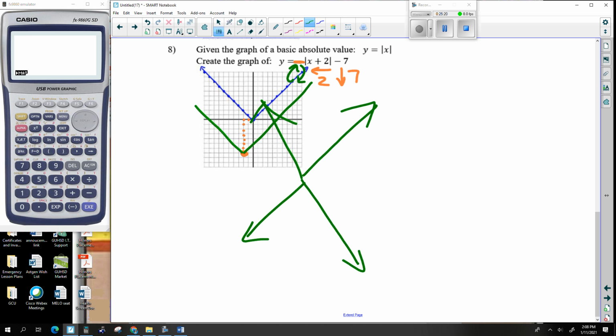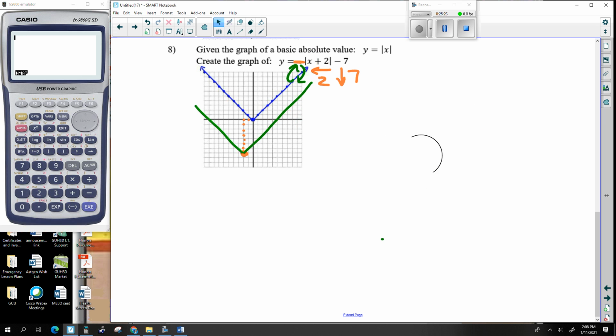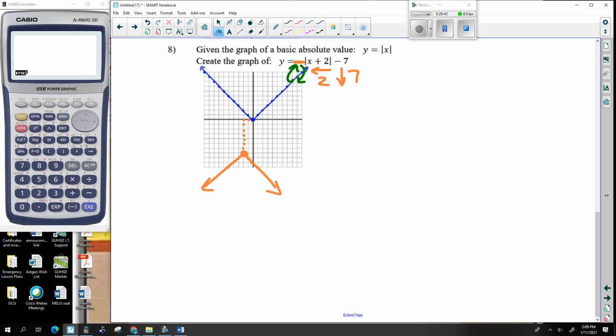That's what the minus does. So instead of opening upwards like a V, this is going to open downwards, kind of like the letter A. So left 2, down 7, good to go. And then it opens downwards.